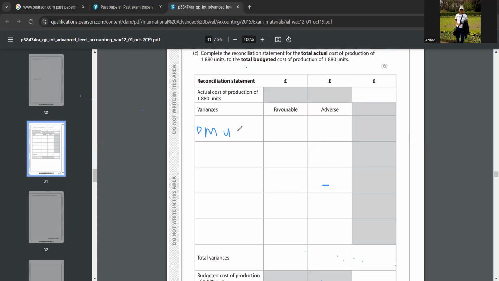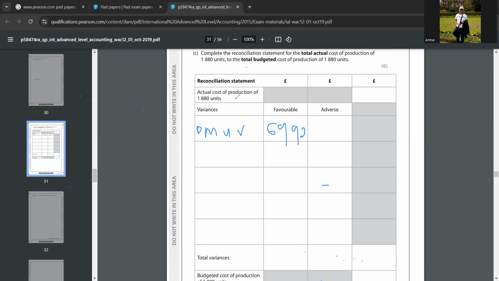Is it favorable or adverse? What's the answer that you got for direct material usage variance? Usage variance was 6,992 favorable. So under this favorable column, you have to write 6,992.